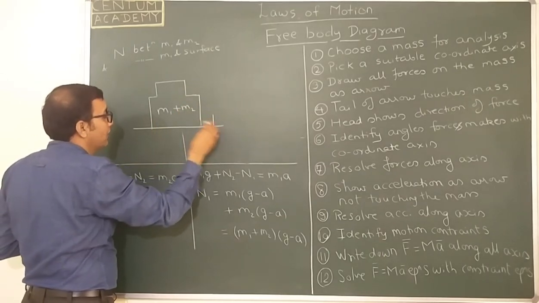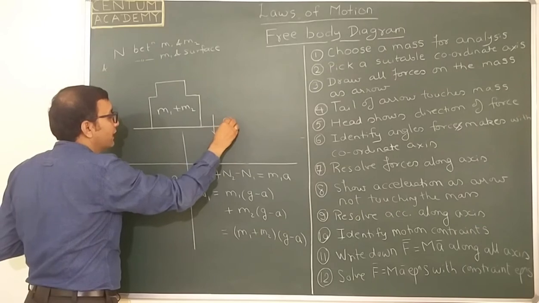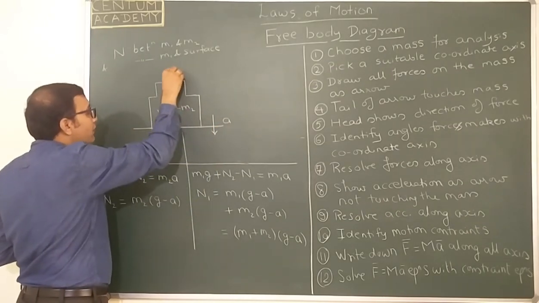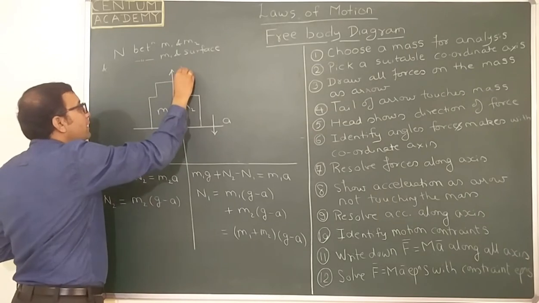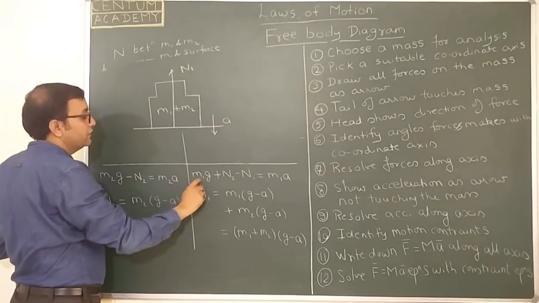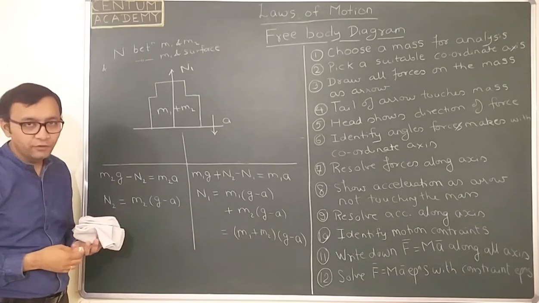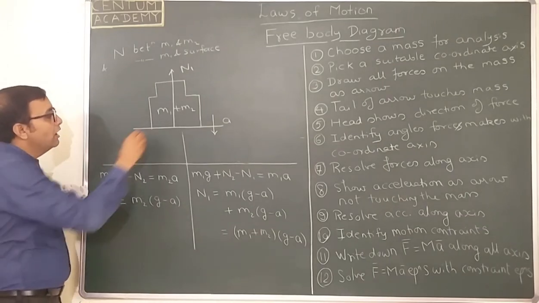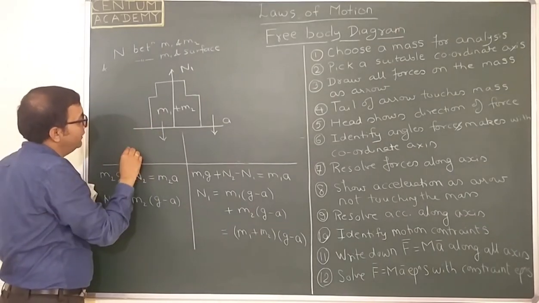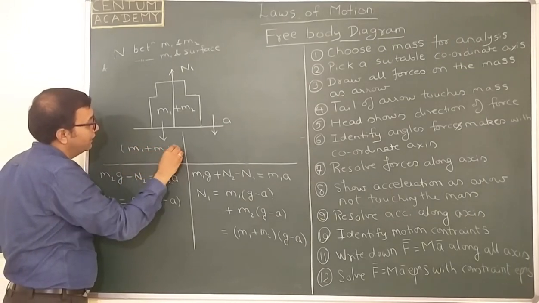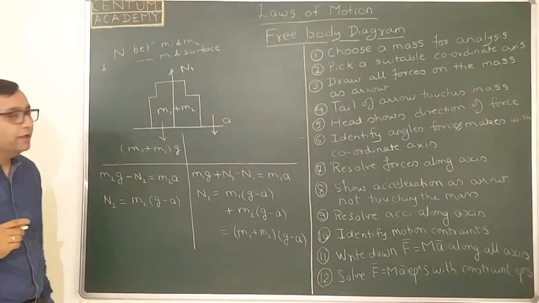The single mass accelerates with acceleration a downwards, and it will experience a normal reaction, right, which will be n1 only, as we were assuming for m1. Now the entire mass, if I take it as a single unit, will experience n1, and this will be the gravitational force (m1 plus m2)g, right?